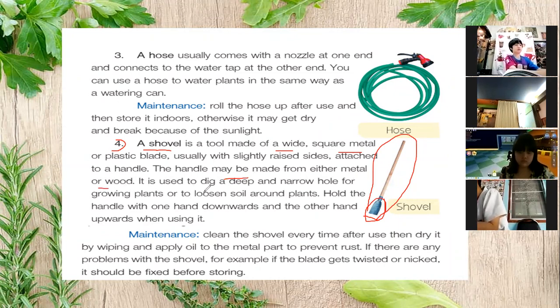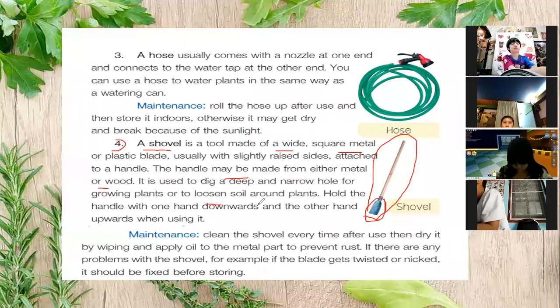It is usually used to dig a deep and narrow hole for growing plants or to loosen soil around plants. Hold the handle with one hand downward and the other hand upward when using it.